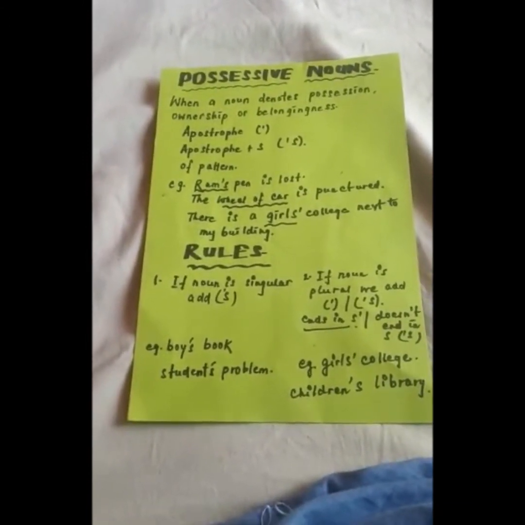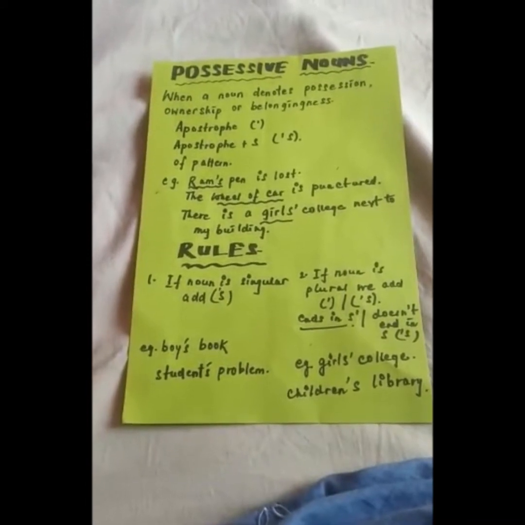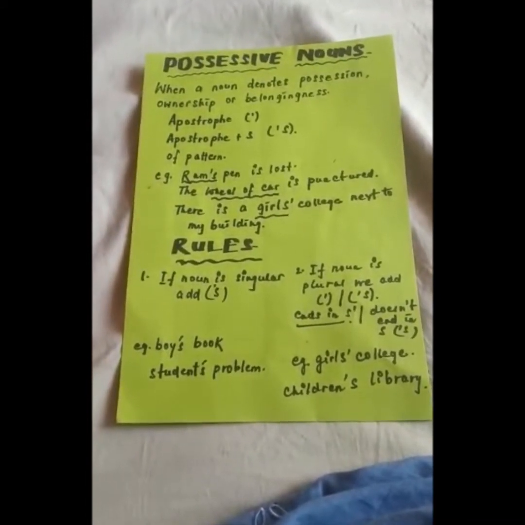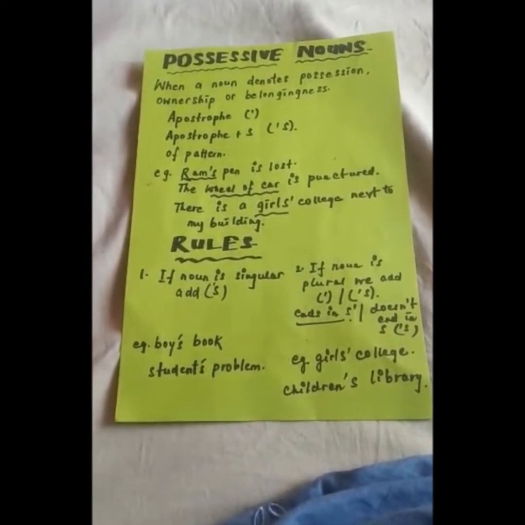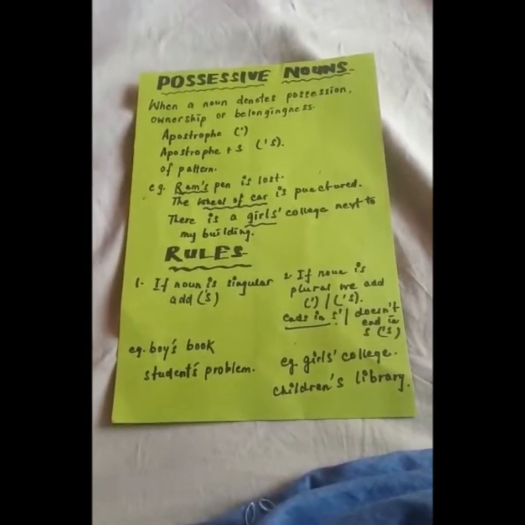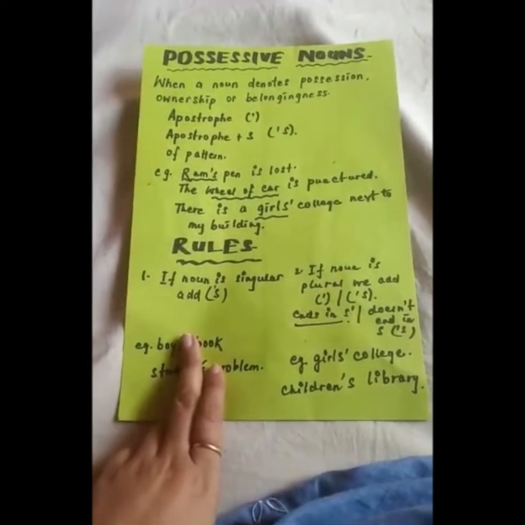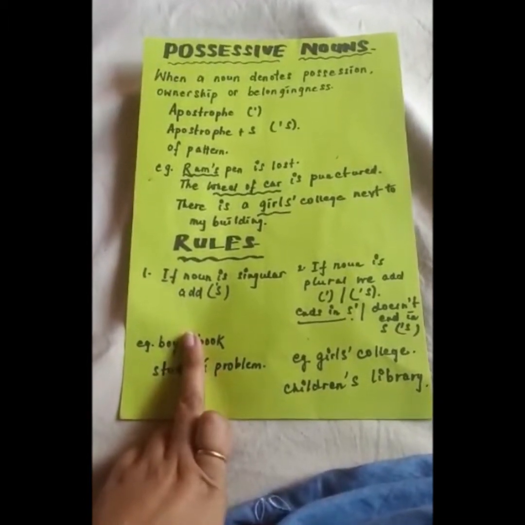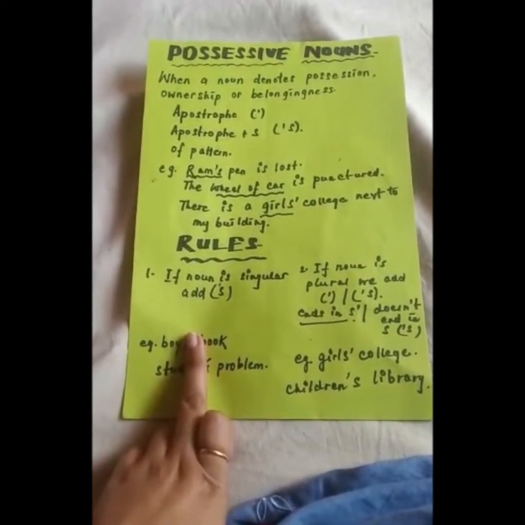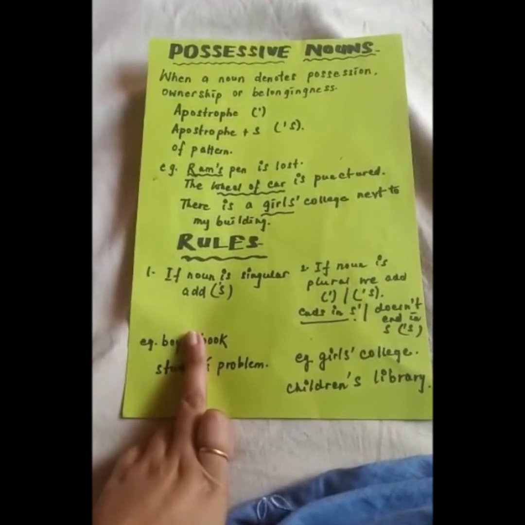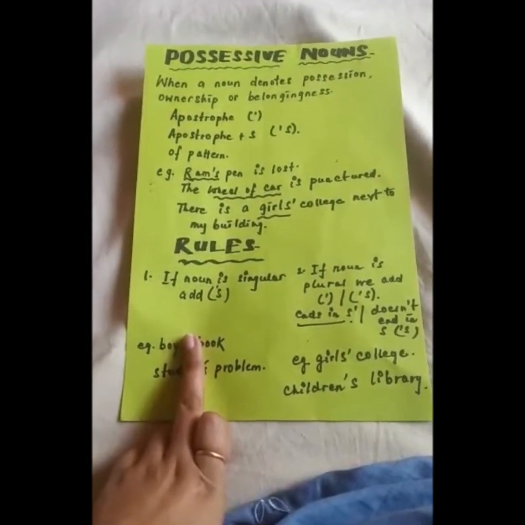So the first rule is, if the noun is singular, we add apostrophe s to it. Okay. For example, see the first example, boy. Now boy is what? Singular noun. Okay. According to the rule, we add apostrophe s to a singular noun.